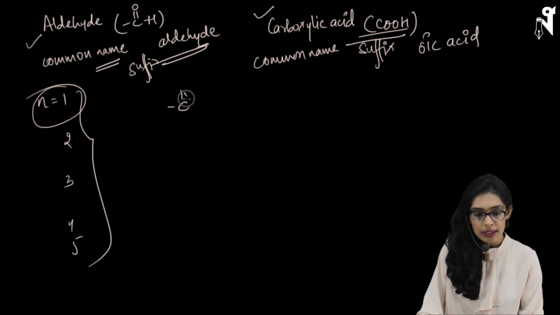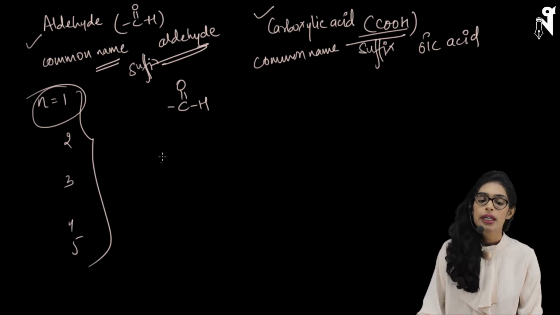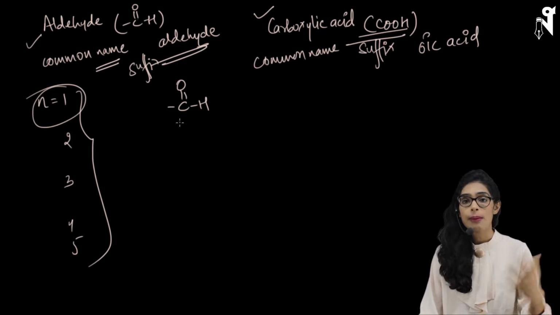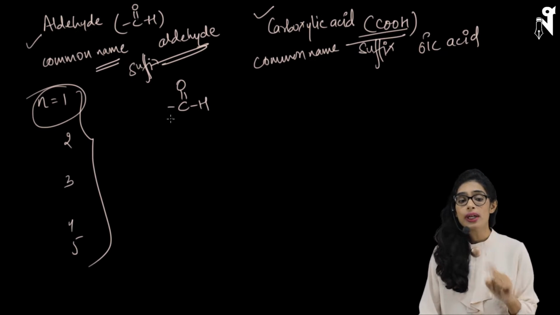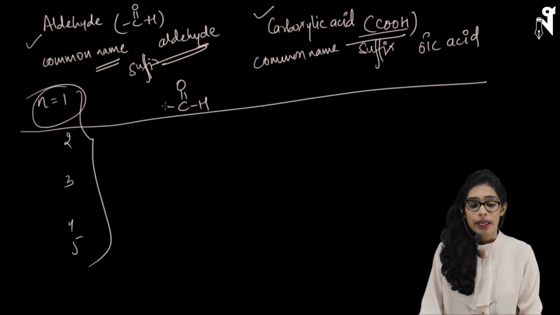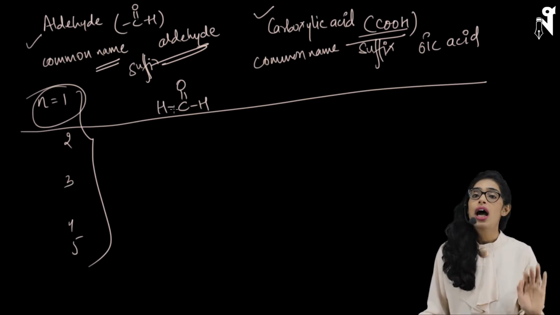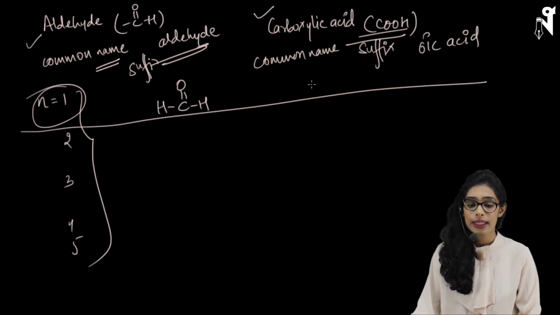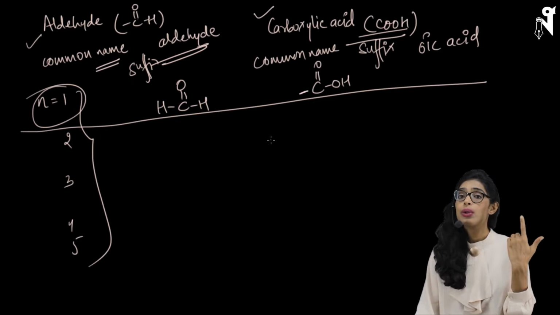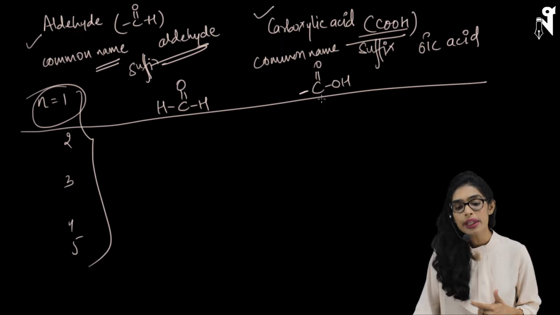Let's see. This is my aldehyde. It already has one carbon, so I cannot place another carbon over here, and I need only one carbon in the first case. So here I will fulfill its valency with hydrogen only. Similarly, in the case of COOH, there is one valency left and I need only one carbon in my chain, which is already there in the functional group.